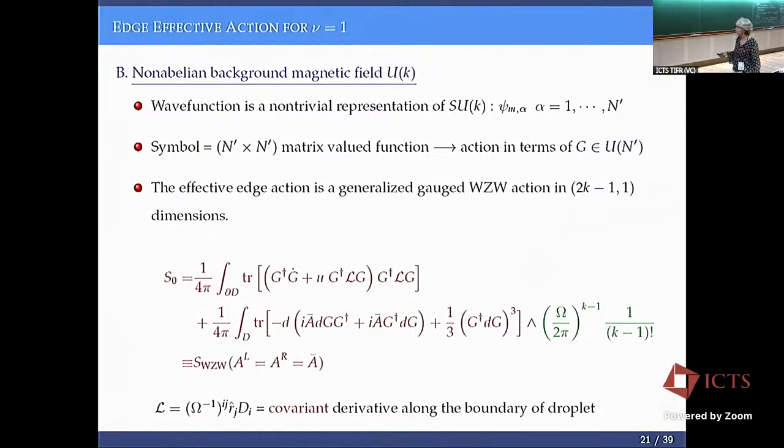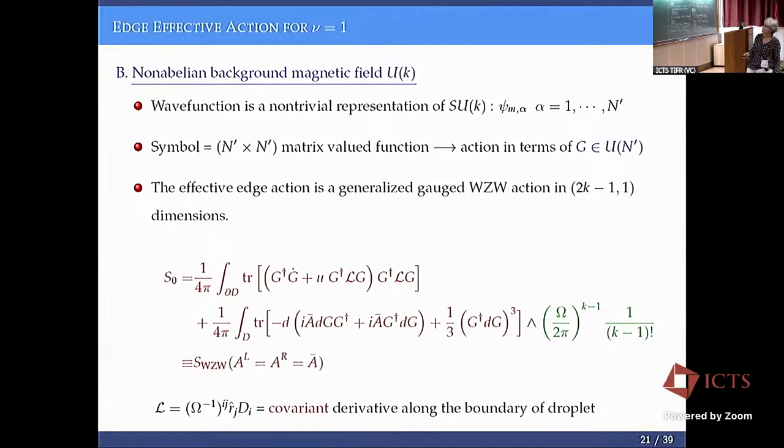And again, this derivative here is the covariant derivative along a particular direction. These A hats are the constant background fields, the non-abelian magnetic fields. As you see, this is like the two-dimensional Wess-Zumino term, but here we have to augment it with enough omegas in order to match the dimensionality of the space.